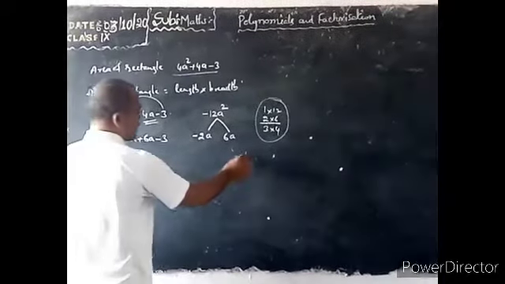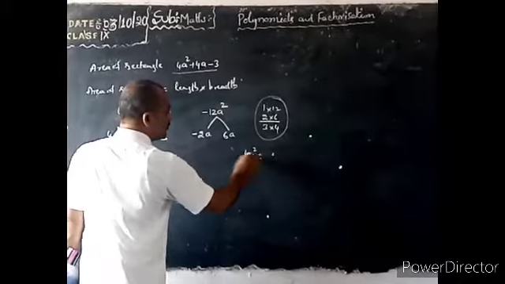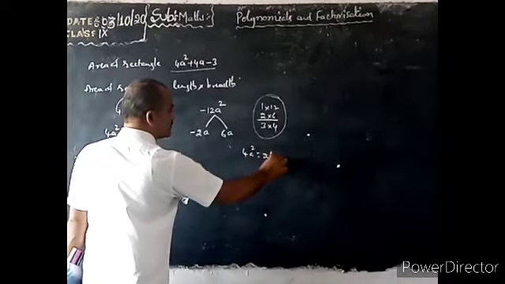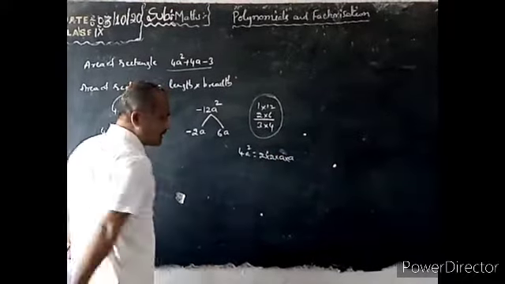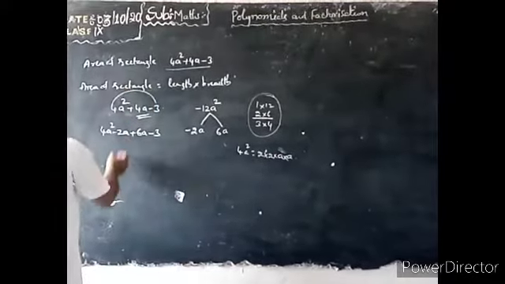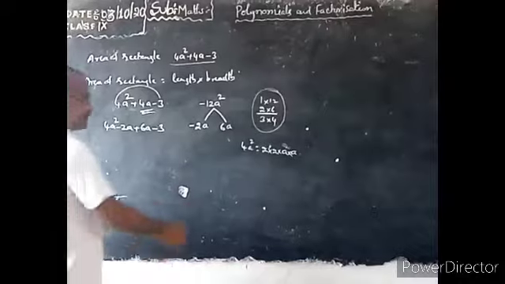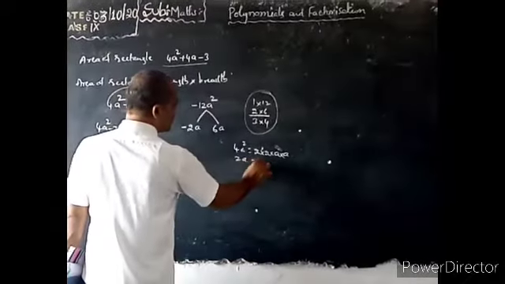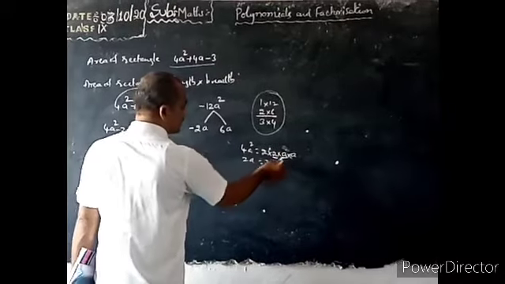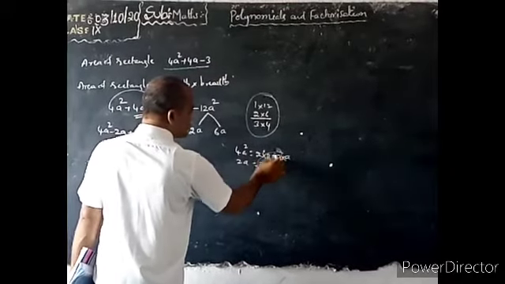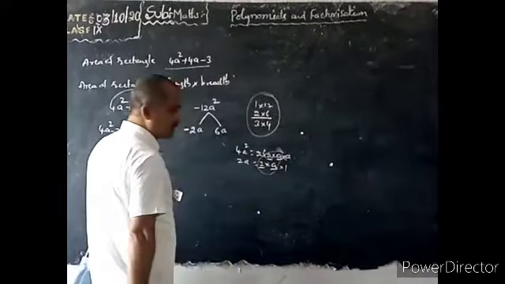4a square can be written as 2 into 2 into a into a. Now 2a can be written as 2 into a. In this a is common and 2 is also common, so 2a is common. Here no number means into 1.